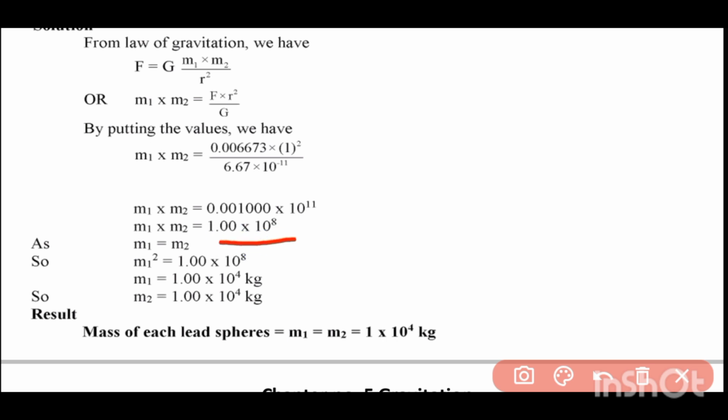So we put m1 in place of m2, so it will become m1 square, that is equal to 1 multiplied by 10 raised to power 8. So m1 is equal to 1 multiplied by 10 raised to power 4 kilogram, and also m2 is equal to 1 multiplied by 10 raised to power 4 kilogram. So result: mass of each lead sphere is m1 is equal to m2 is equal to 1 multiplied by 10 raised to power 4 kilogram.